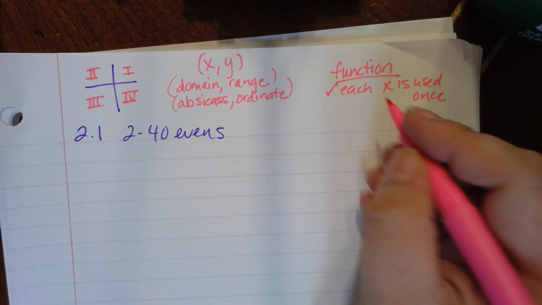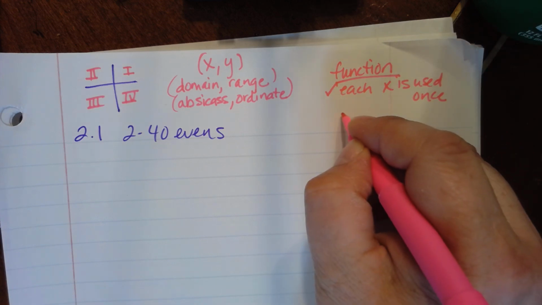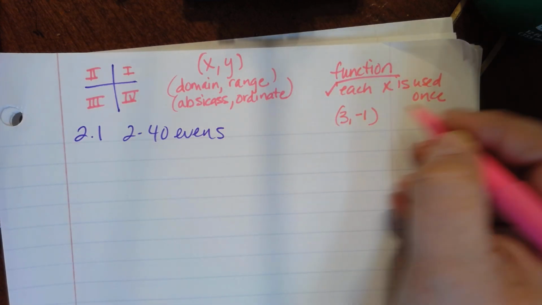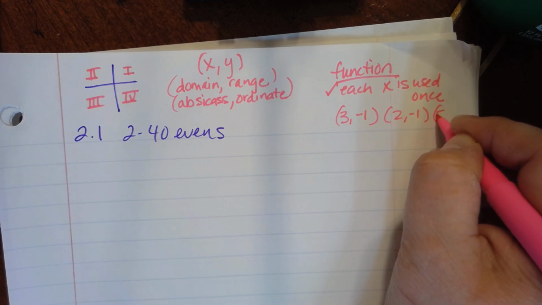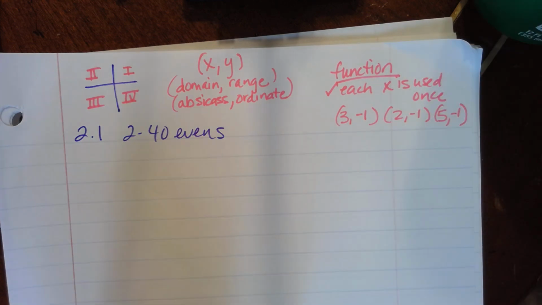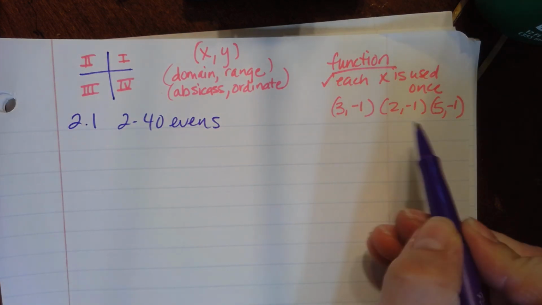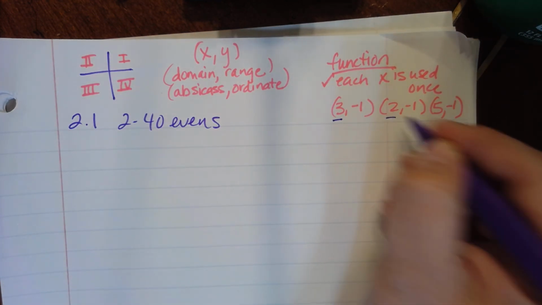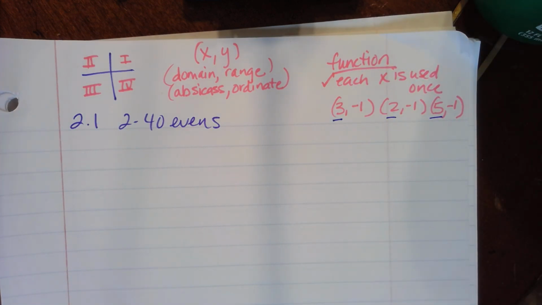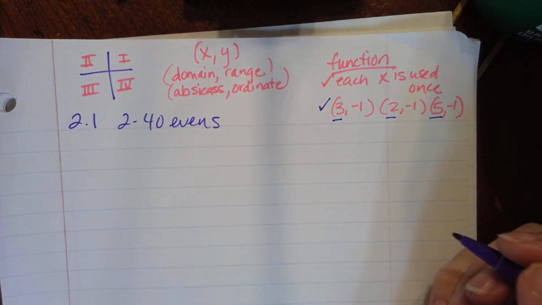So for instance, if I had (3, -1), (2, -1), and (5, -1). If I look at these coordinates and I'm thinking, okay, x, y, x, y, x, y. My x is 3, 2, and 5. So for this, each x is only used once. So this is a function.